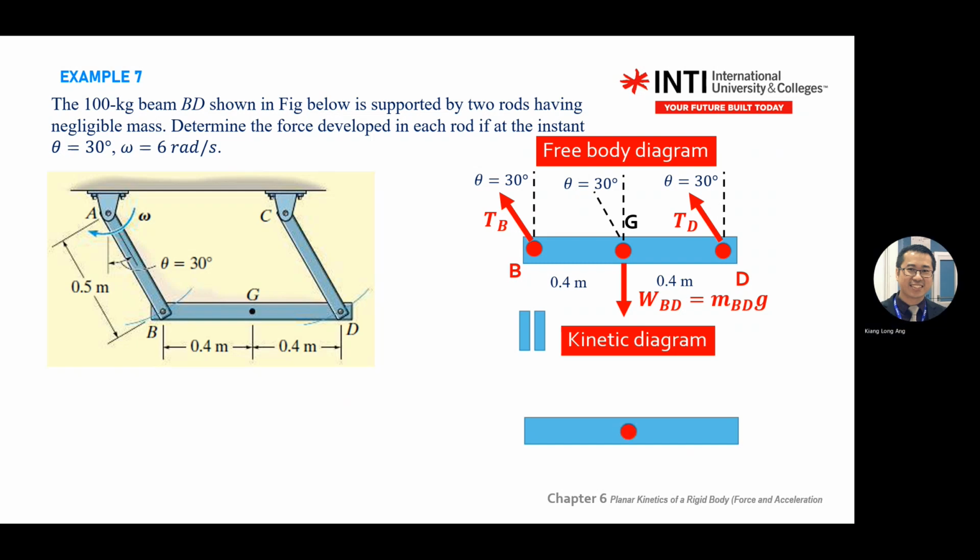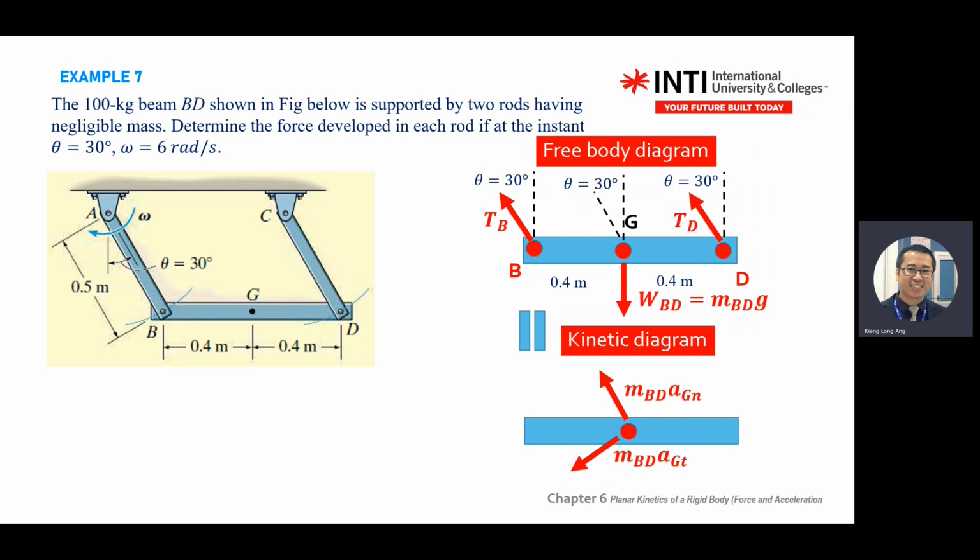Center lah. Then, in this case, your center of gravity also rotates in curvilinear motion. Makes sense. So don't be tricked by anything here.